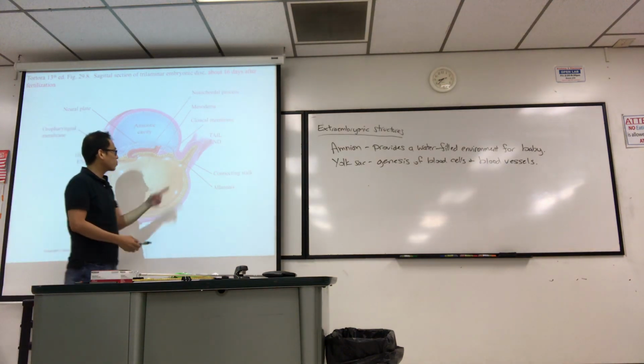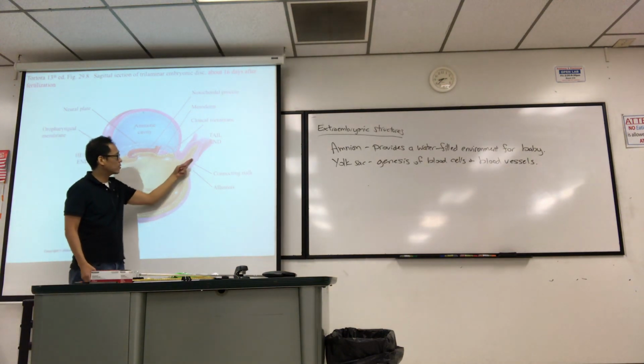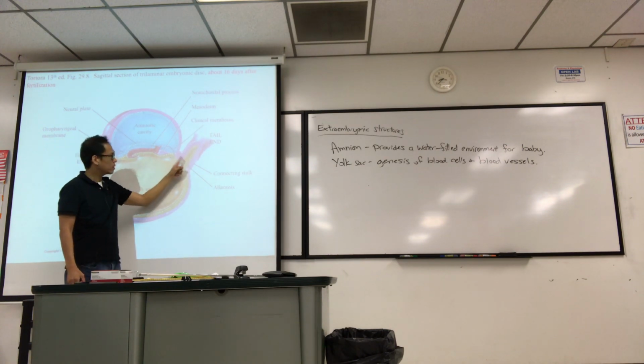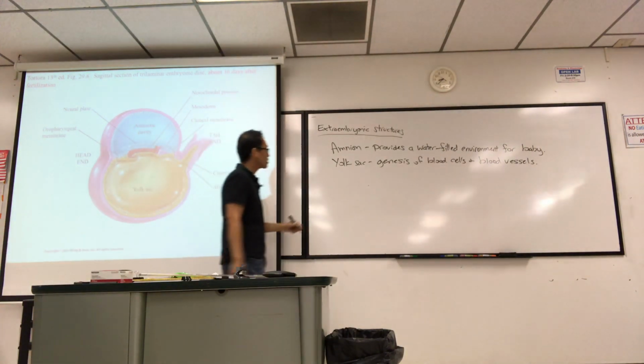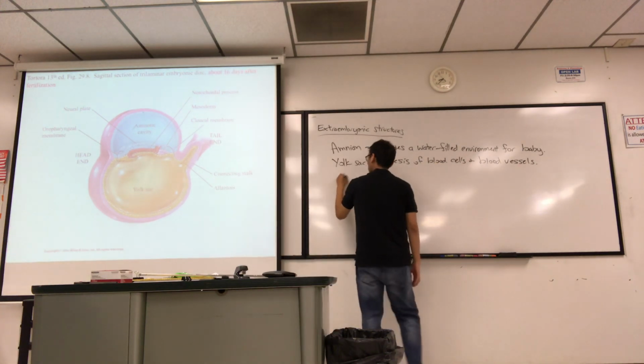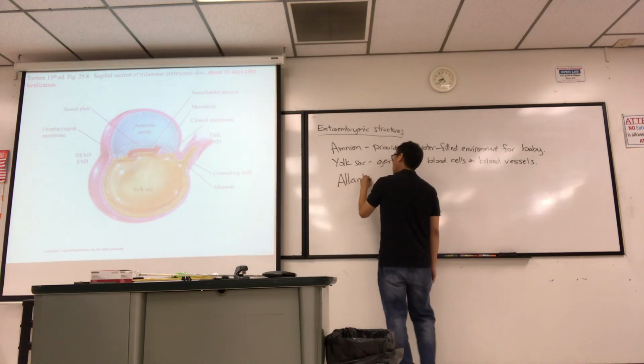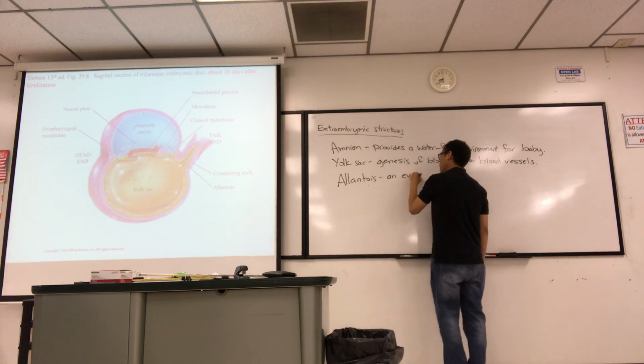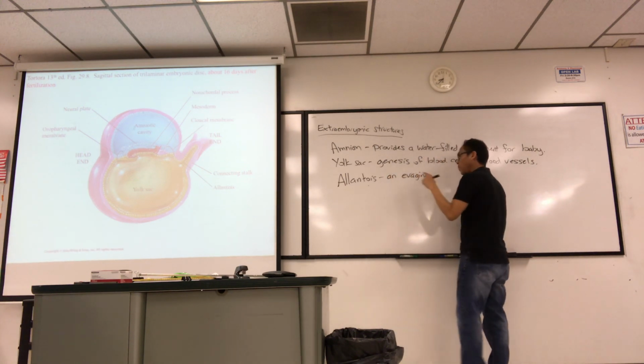Okay, the allantois, right here. Right now, it's this little evagination of the yolk sac, but it's its own thing. It's called allantois. And evagination just means little parts sticking out.